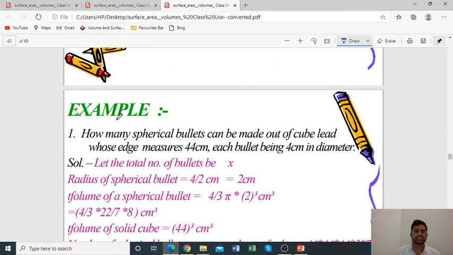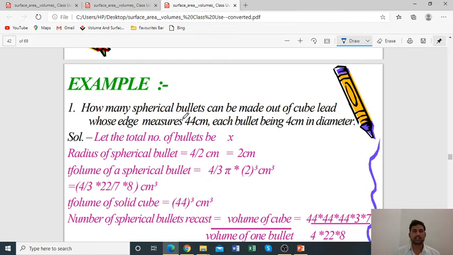Example. How many spherical bullets can be made out of a solid cube of lead whose edge measures 44 centimeters, and each bullet being 4 centimeters in diameter. Each sphere bullet is made from the cube of lead, and the cube edge is 44 centimeters.